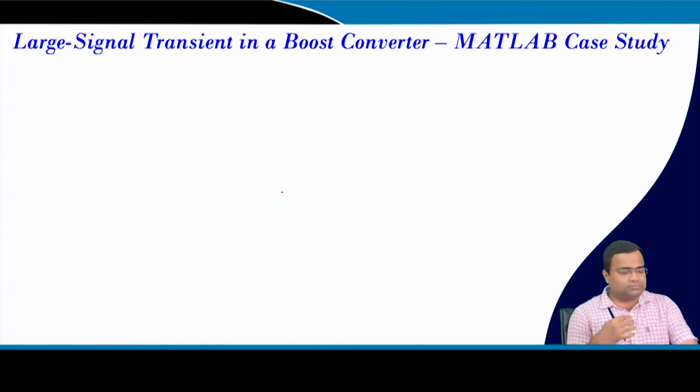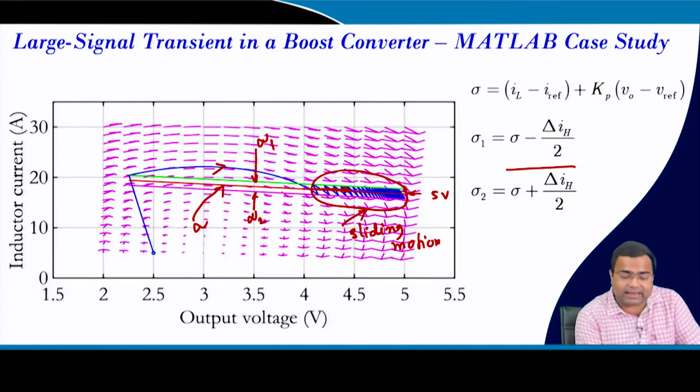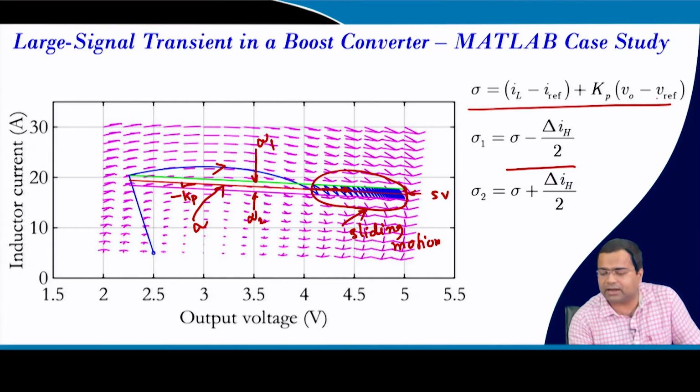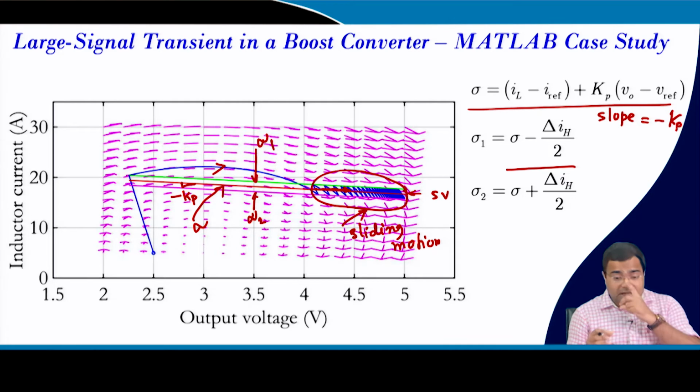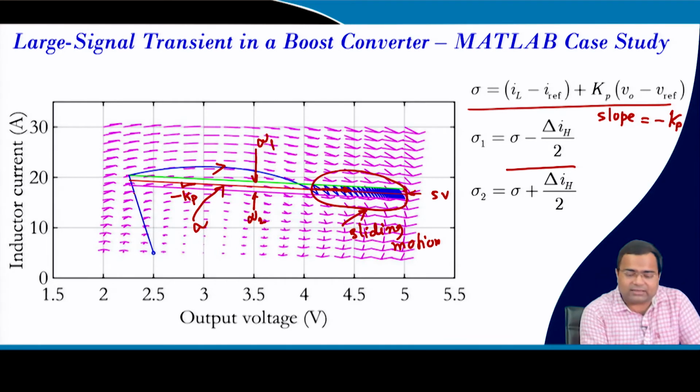Now, we have taken this slope, and we discussed that this slope is minus Kp. If you take the slope here, it is nothing but minus Kp. This slope plays a significant role. Once it comes within the band, it takes a lot of time.